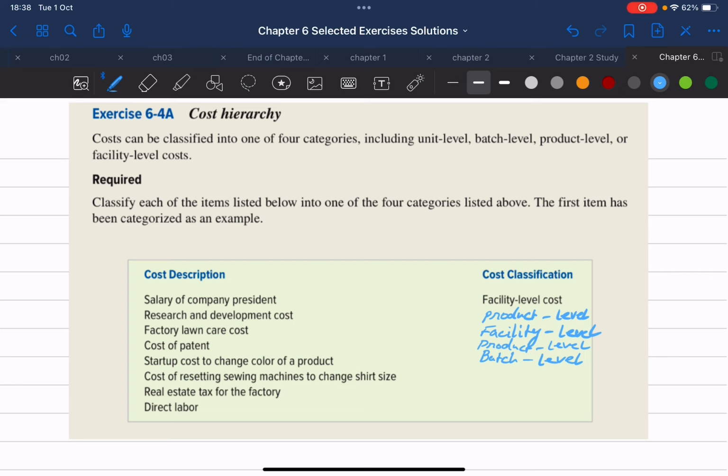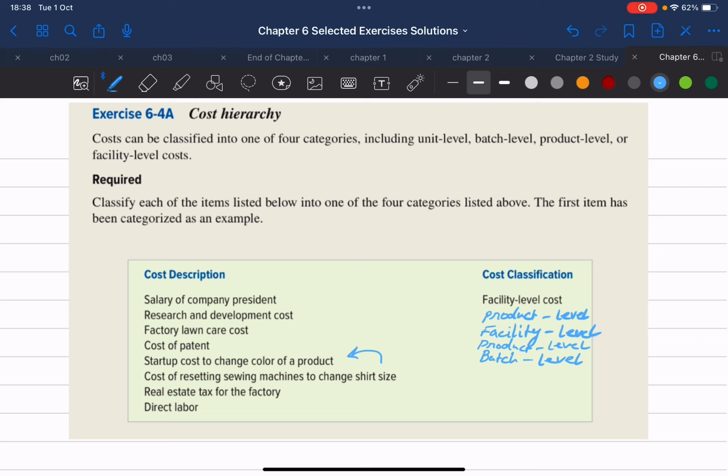Next one, cost of resetting sewing machines to change shirt size. This is also similar to the previous one, right? So here we have a sewing machine, and then you are changing its setting or resetting that machine to change the size of the shirts that you are producing. So that relates to a batch of products that you're going to produce.